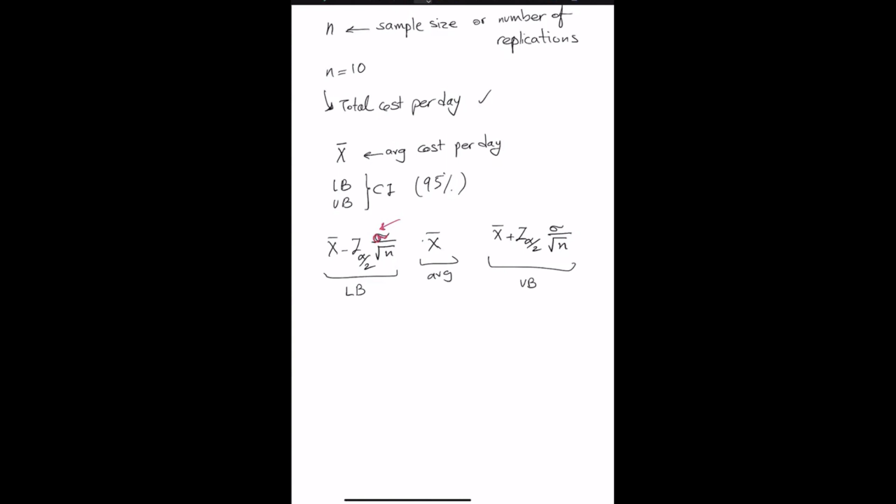Obviously, I don't have access to such data. So if I don't have sigma, I'm going to use S instead of sigma, and S is the standard deviation of these 10 samples or 10 replications that we calculated.